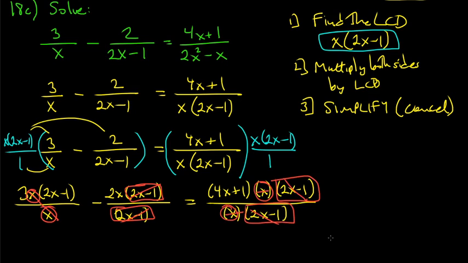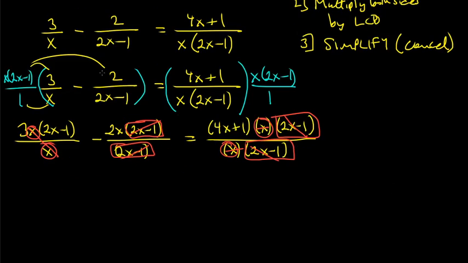Those cancel. So look at the denominators. There's nothing left, right? We canceled all the denominators. That was our goal, right? Now what's left over is 3 times 2x minus 1 minus 2x equals 4x plus 1. No denominators, right? Oh, okay, I shouldn't say that.